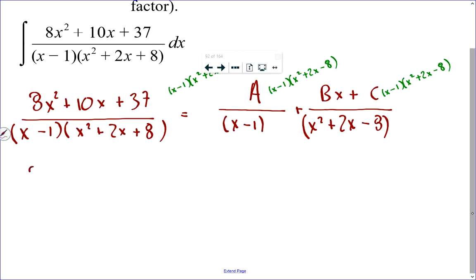And what we get on the left is the original numerator over here. The x minus 1 cancels and we're left with a times x squared plus 2x minus 8.